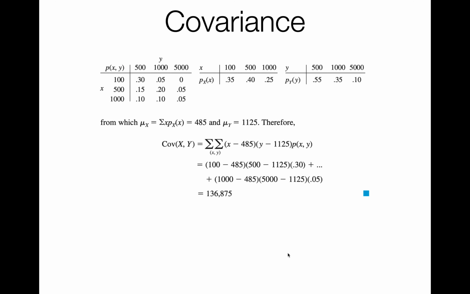If those numbers were smaller, and I don't have an example of this, but there are a number in the book, so if you want to look there, if the values of x and y were really small, so if I said 10, 50, and 100, and then 50, 100, and 500, so if I just took zeros off of all the x's and y's values, and I recalculated this, that covariance number is going to go down significantly. And so the magnitude of the number really doesn't tell us much.